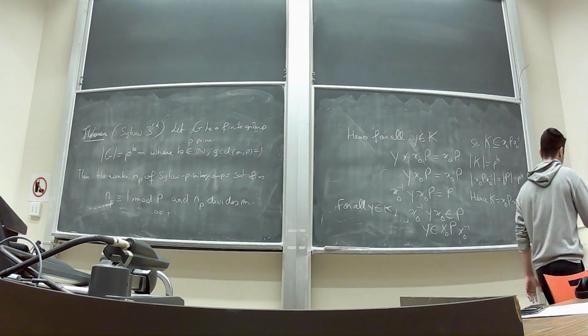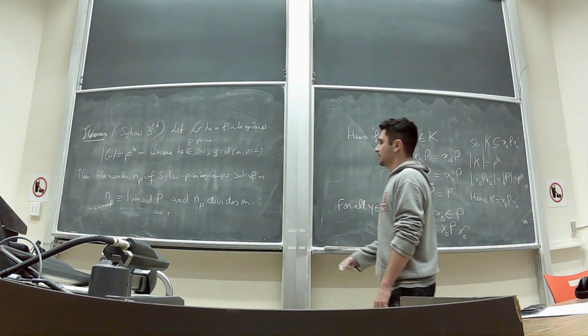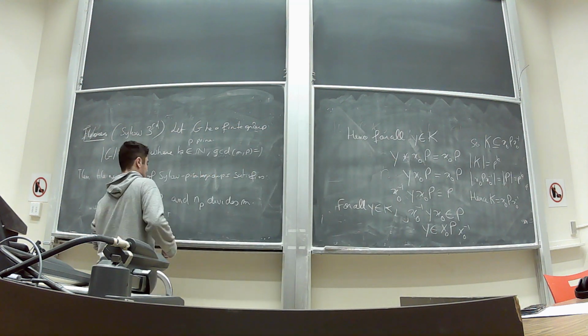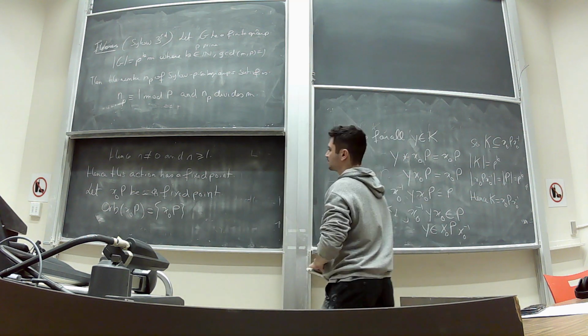So not only can you say that such a subgroup exists and any two subgroups are conjugate, you can limit the number of Sylow p-subgroups by this. Now I'll prove one.